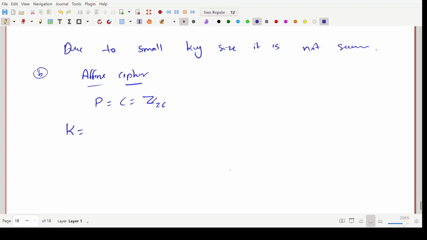So what is the key space? Key space is the set of all (a, b) belonging to Z26 cross Z26, satisfying GCD of a and 26 should be 1. Why do we need GCD of a and 26 to be 1? We will be seeing it later on.